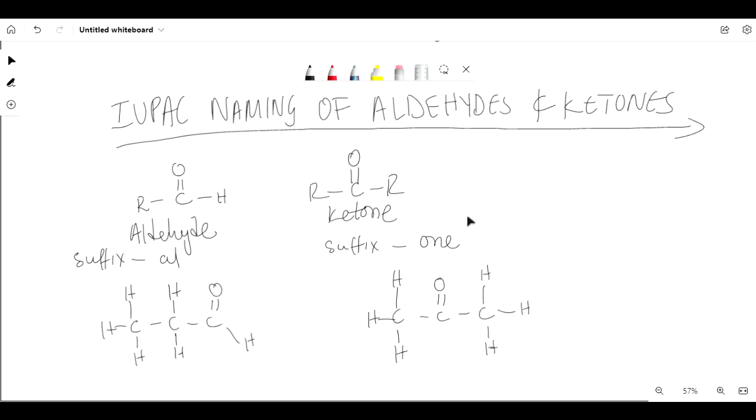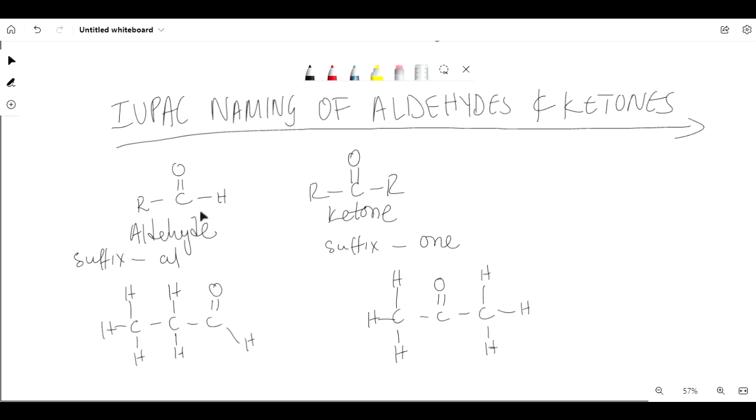Today we are naming the aldehydes and the ketones. Okay guys, so the aldehydes and the ketones, they have a carbonyl group.